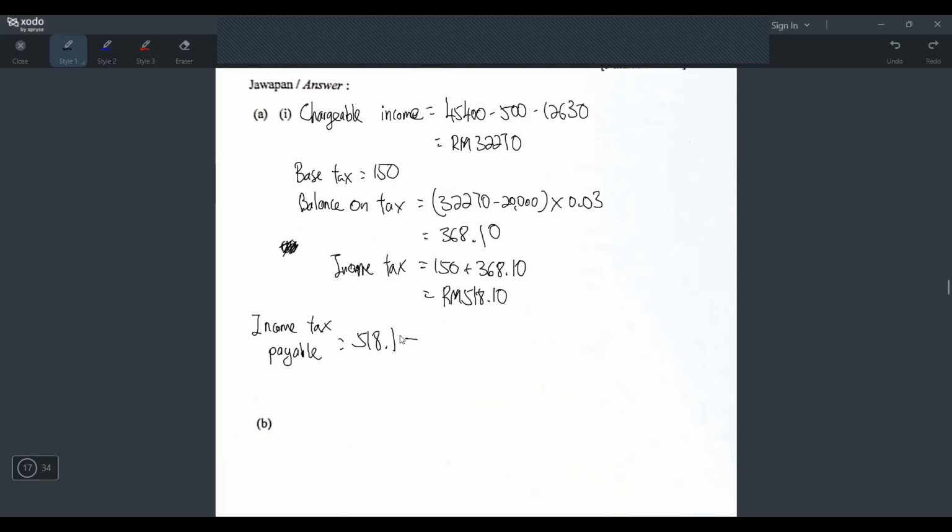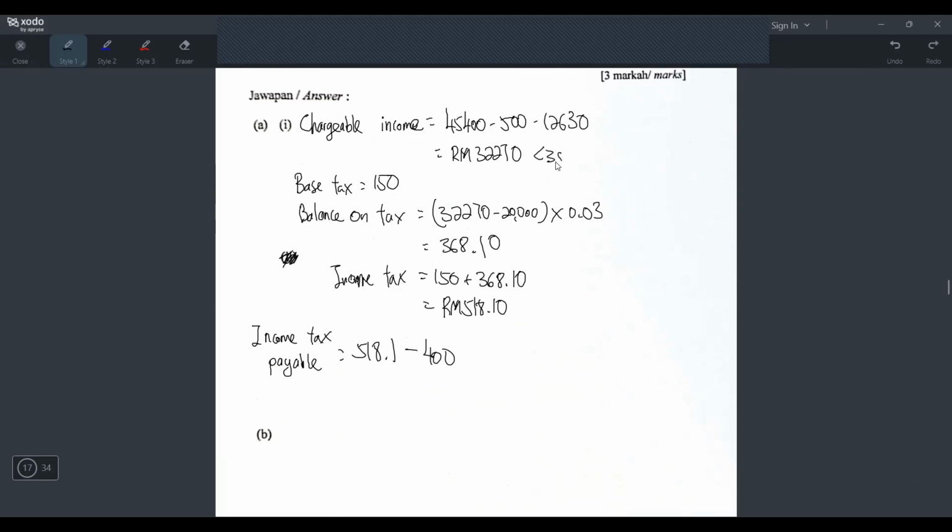But there's also another type of rebate, the 400 ringgit rebate if your chargeable income is less than 35,000. And in this question, your chargeable income is indeed less than 35,000, because it's only 32,000, right? So I have to minus 400 here. So your final answer will be what? Let me press.